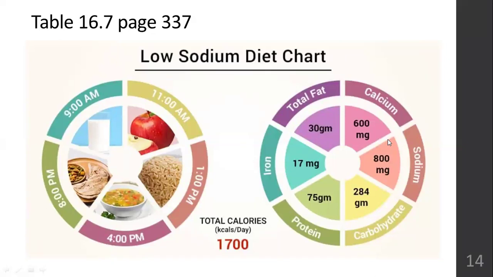Onion, oranges, papaya, peas, plantain, the unripe banana, not the banana, but the unripe one. Potatoes, pumpkin, ragi, chikoo, semolina, that is rava, sugar, sweet potato, ripe tomatoes, vermicelli, wheat, all forms of yams. Yam is suran.